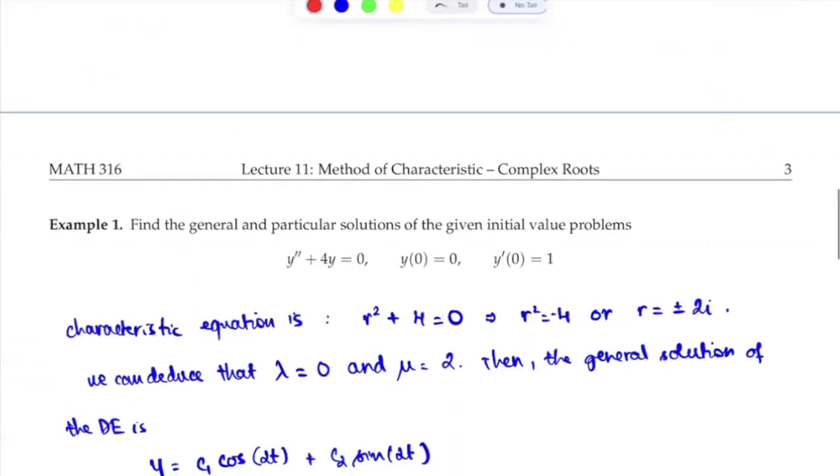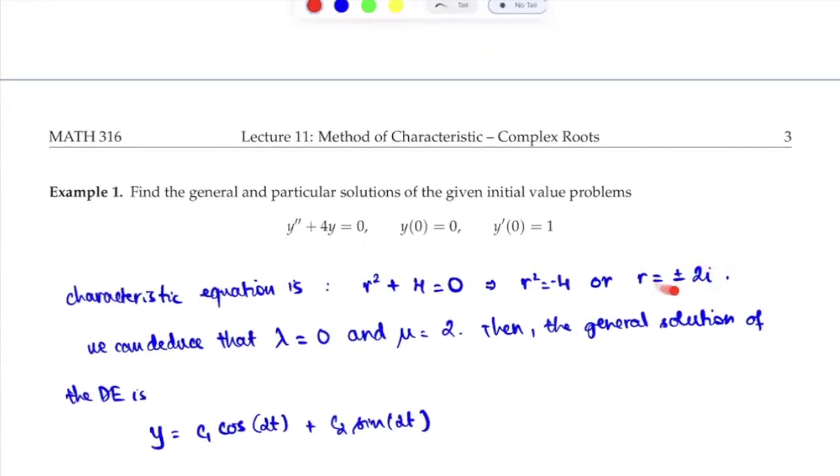Right? So from this example, even though you don't see lambda, technically what you have is r1 equal to 0 plus 2i, and r2 is equal to 0 minus 2i. And so you can deduce that lambda is equal to 0 and mu is equal to 2. Okay. Good. Any other questions?